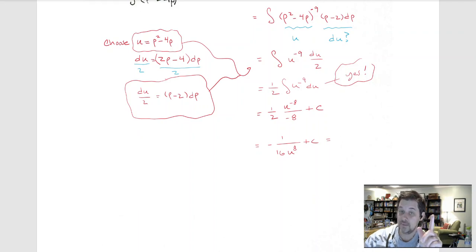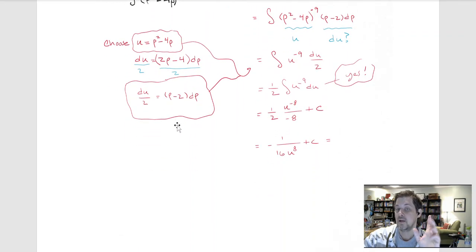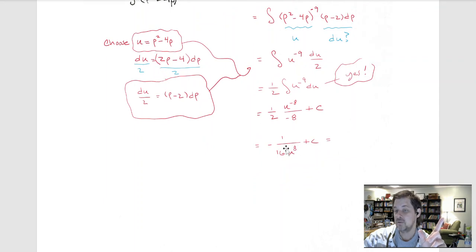And one last step in order to get my original variable back, I will do this. u is identical, one and the same thing with p squared minus 4p. So my final answer will be negative 1 over 16 (p squared minus 4p) to the 8th power plus c.